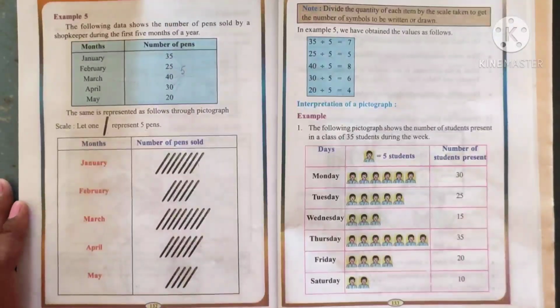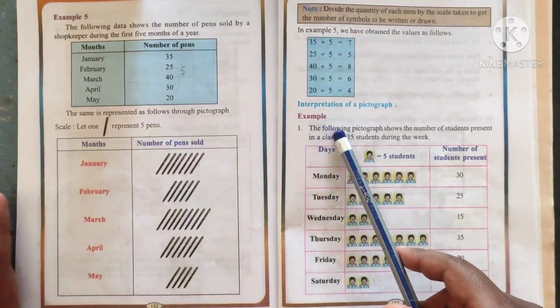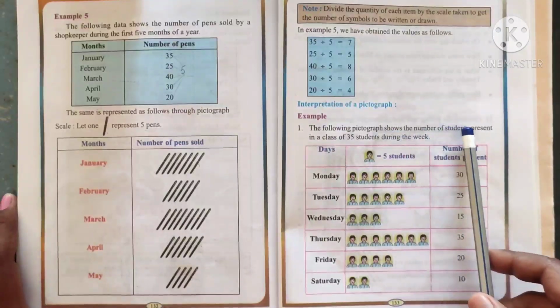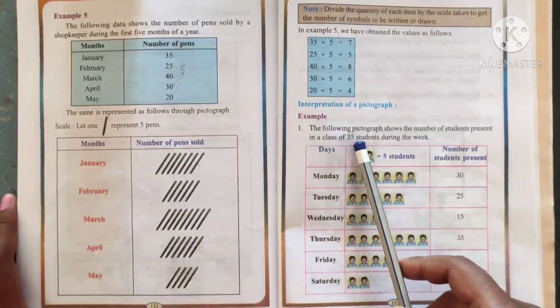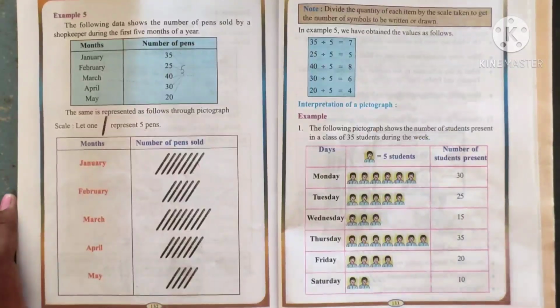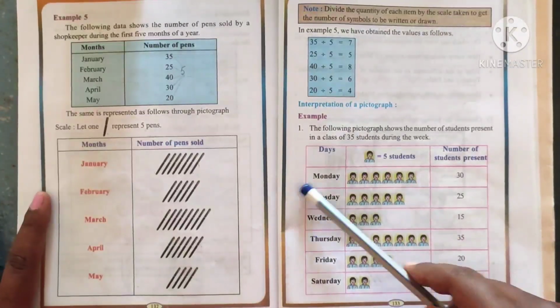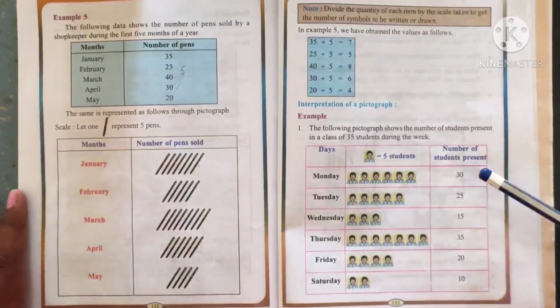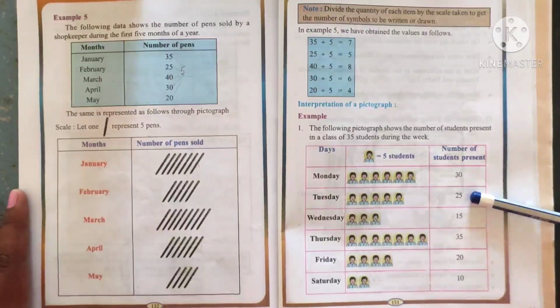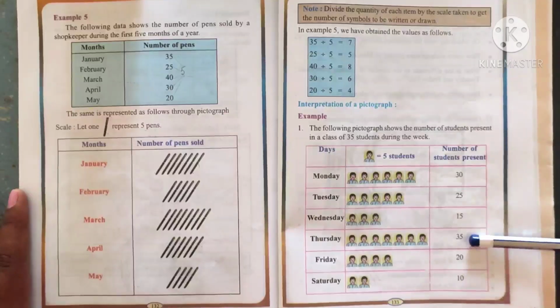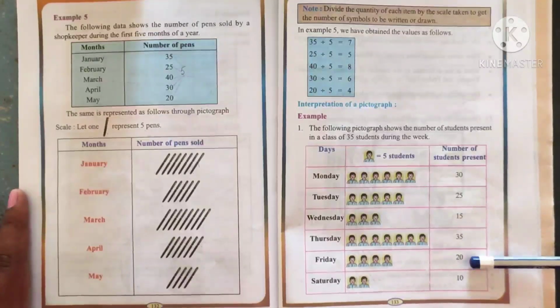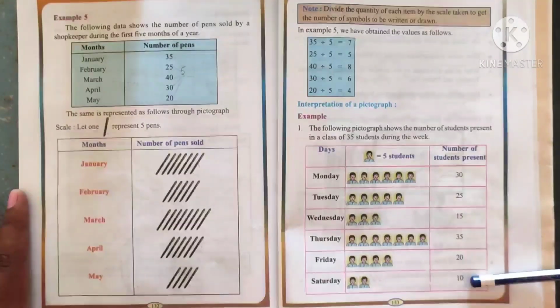Interpretation of a pictograph. The following pictograph shows the number of students present in a class of 35 students during the week. The total number of students in the class is 35. Monday 30 were present, Tuesday 25, Wednesday 15, Thursday 35, Friday 20, and Saturday only 10.